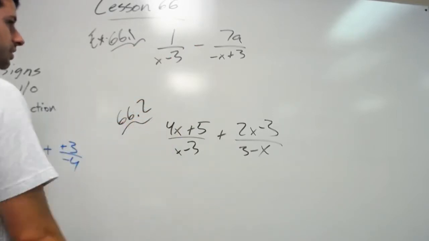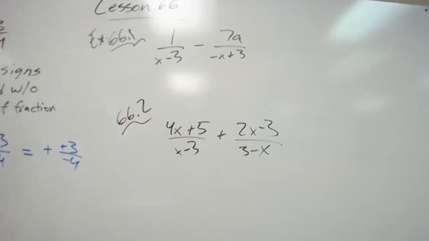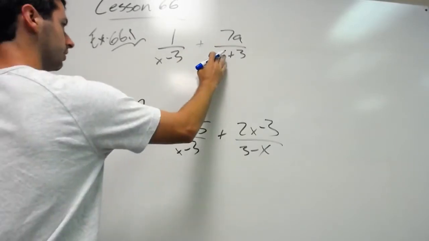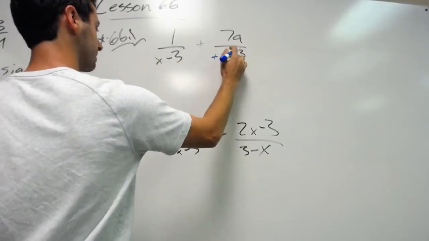We can change two of the three signs, and so we go from negative 7a over negative x plus 3 to positive 7a over positive x minus 3.